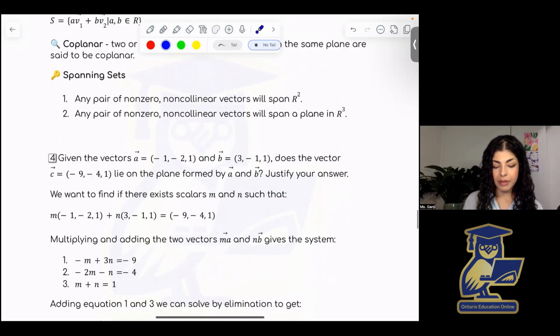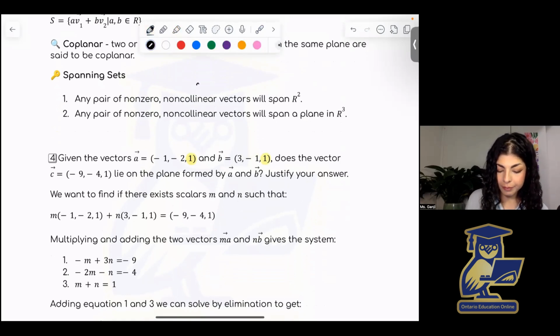So here we are given the vectors A and B. And I want you to think already about what they have in common. What's our fixed variable here? It's actually Z. We can see Z is equal to 1 in both of these. So thinking in R squared, we would have A is -1, -2, and B is 3, -1.